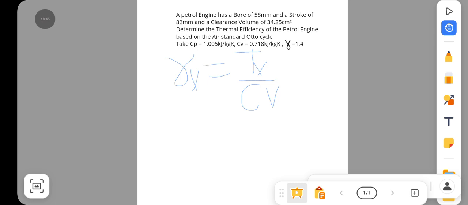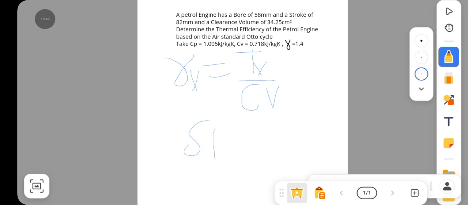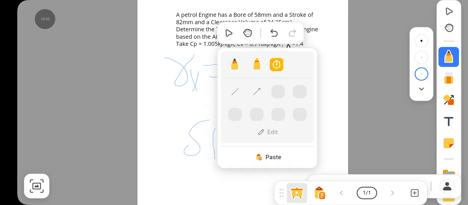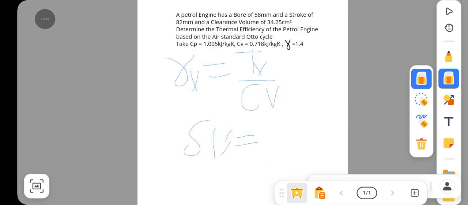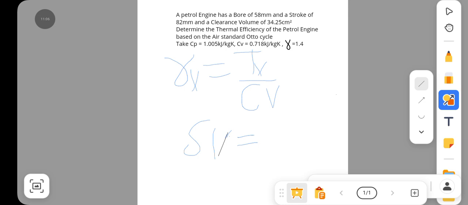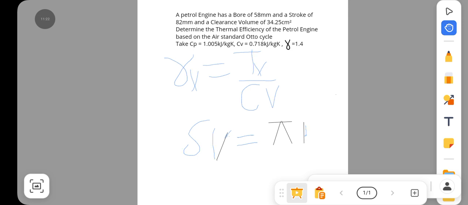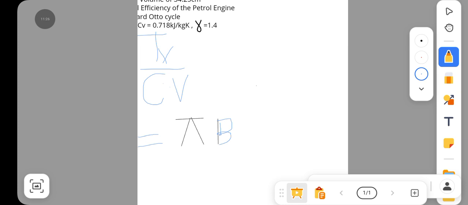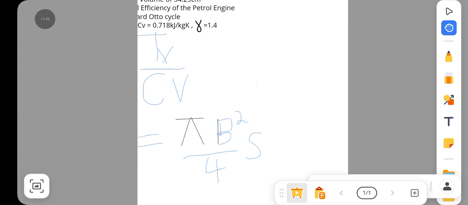So our swept volume here, SV, would be equal to pi b square over 4, which is our area, times our stroke s.